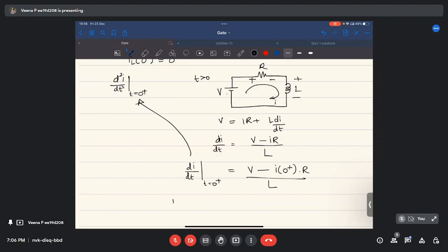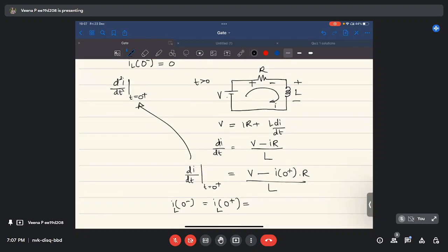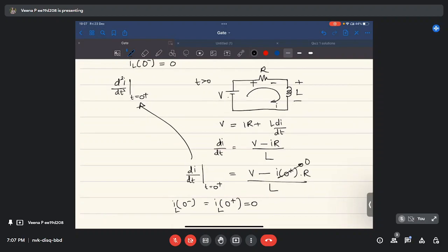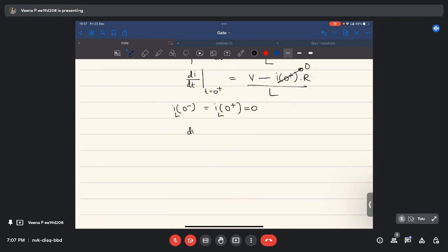By that principle, whatever was the current through the inductor at 0 minus, the same current will be through the inductor at 0 plus. So since the whole network current I is same as inductor current, I of 0 minus is same as IL of 0 minus and I of 0 plus is same as IL of 0 plus, which is nothing but 0. So this value is 0. So what is di by dt at t equal to 0 plus? It is V by L.